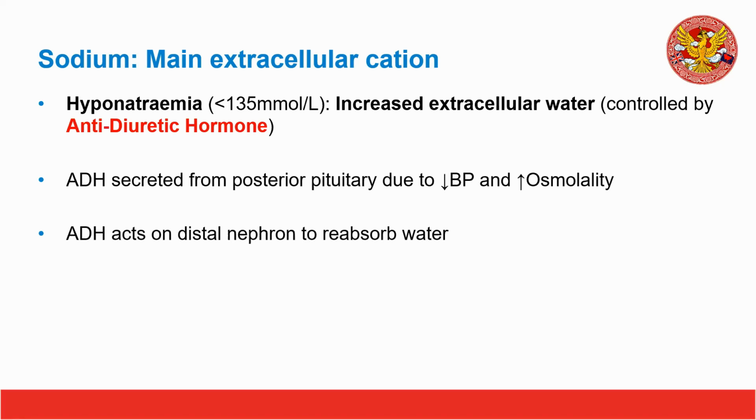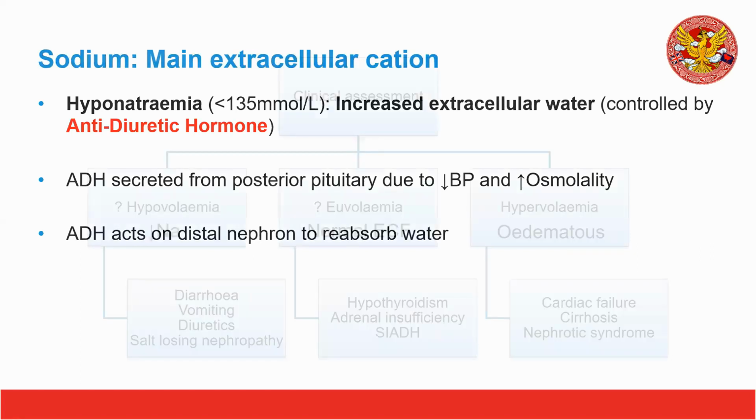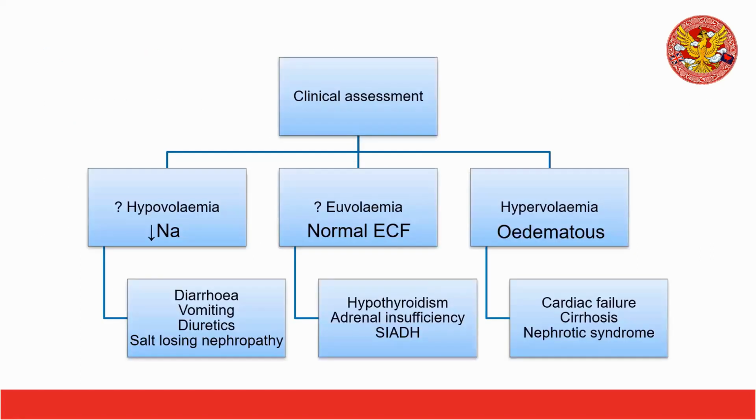So hyponatremia is having a sodium concentration less than 135. And that is almost always caused by an increase in your ADH hormone, so an increase in your extracellular water content. And the way we classify hyponatremia is based on the volume status, essentially looking at the extracellular fluid volume.